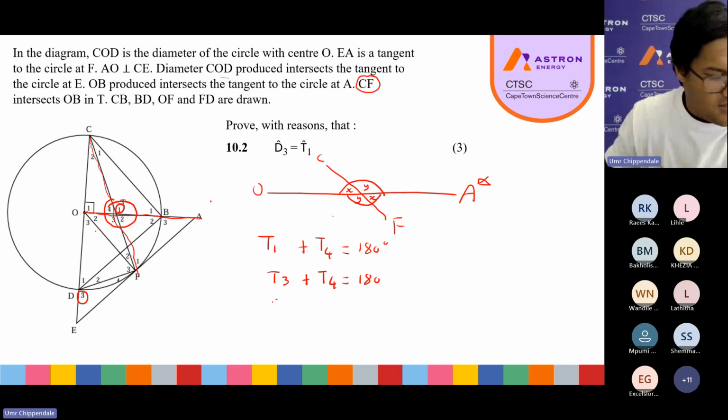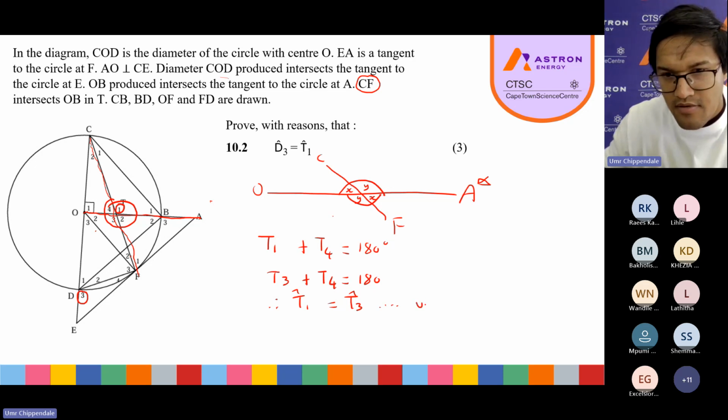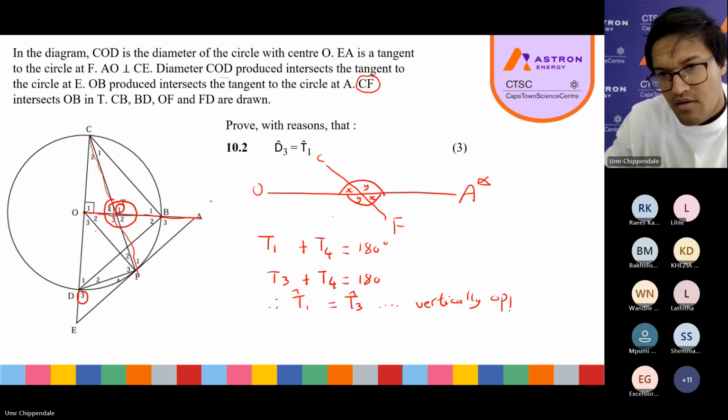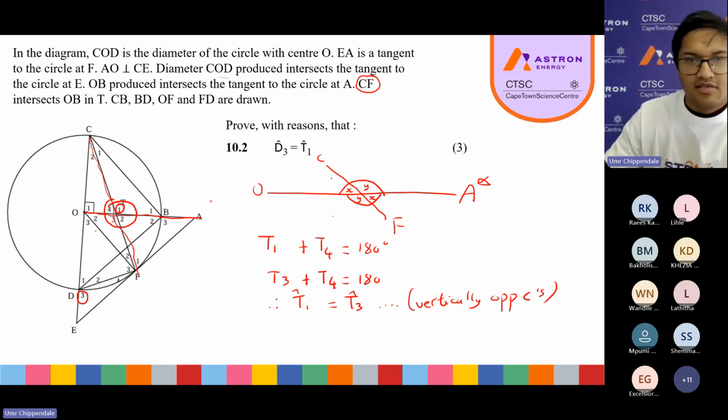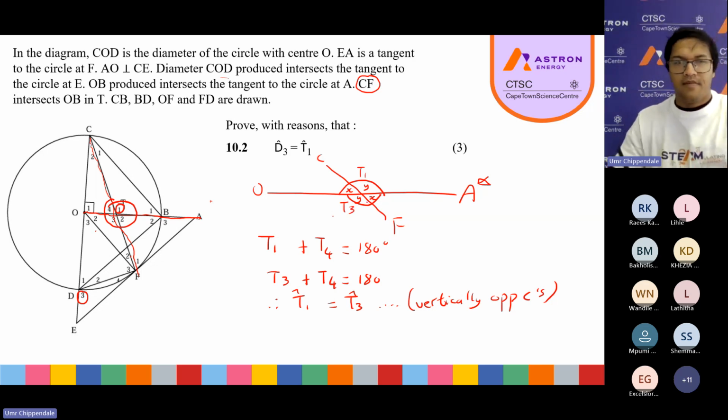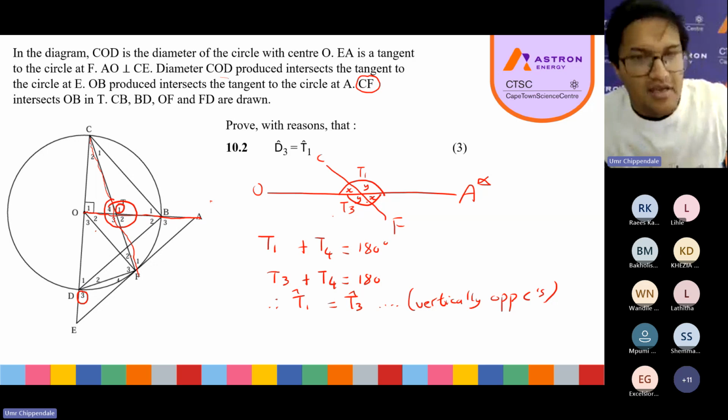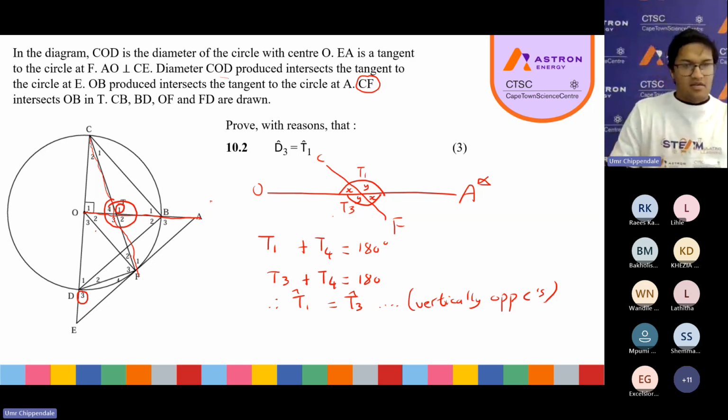And if that is the case, we can say T1 is equal to T3. And that is vertically opposite angles, right? You can see in the diagram here was T1 and here was T3, so vertically opposite angles, that's why they would be equal to each other, at that particular section that we have.